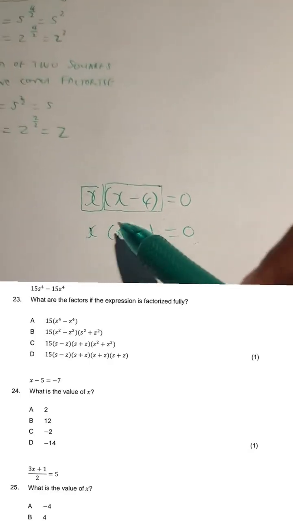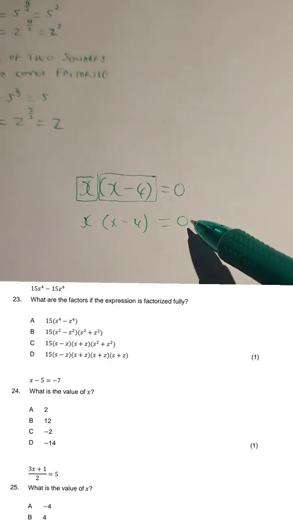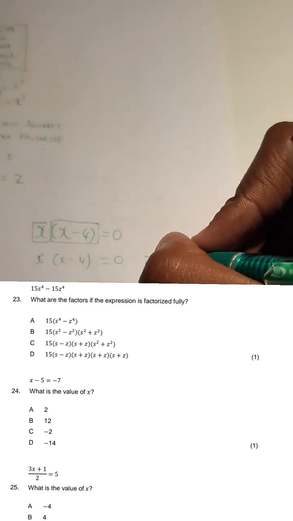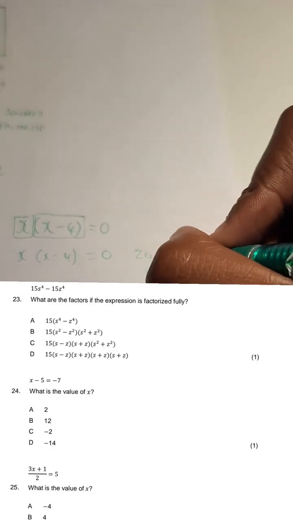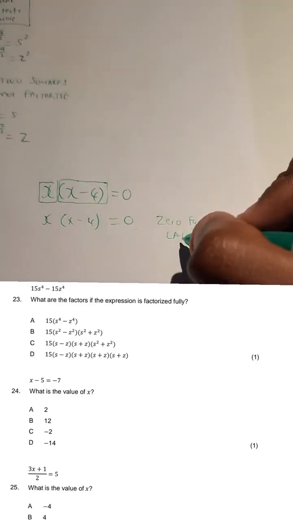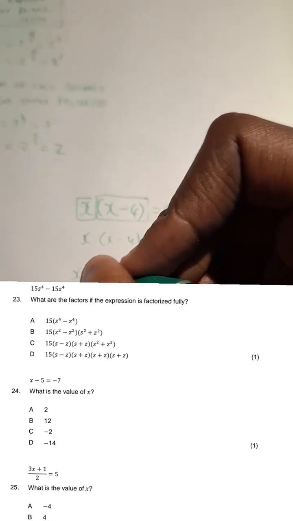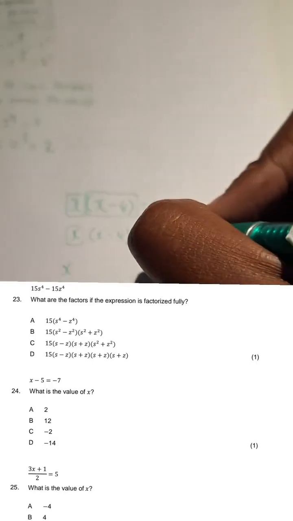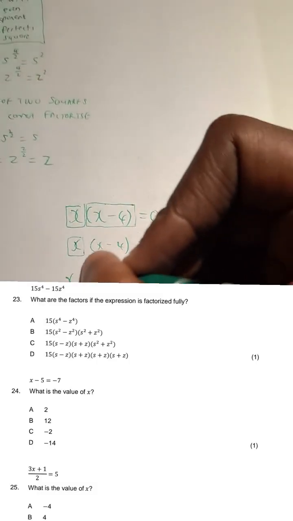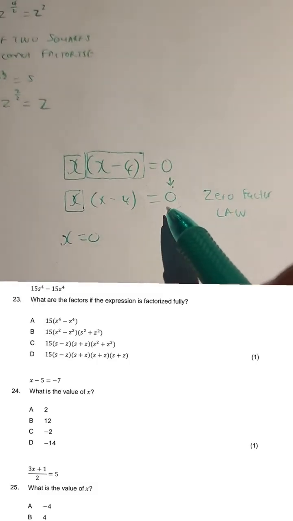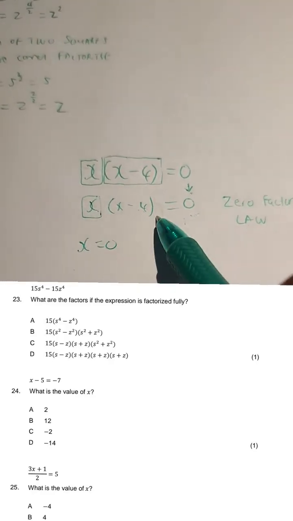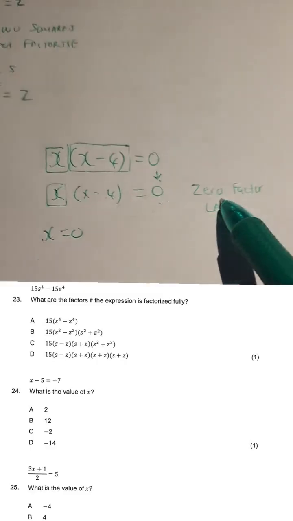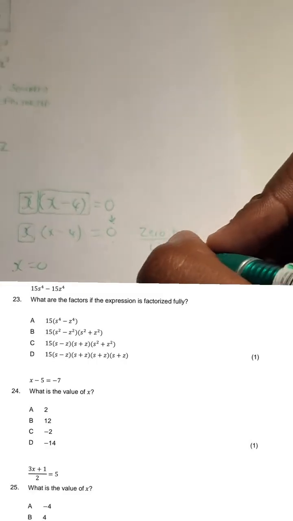So if we have a product of factors and there's a 0 on the other side, we can apply the 0 factor law. This only applies if there's a product, meaning a multiplication of two factors equated to 0. We call this the 0 factor law.